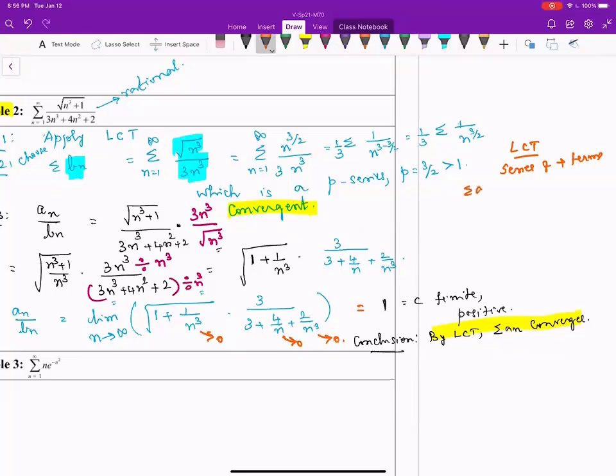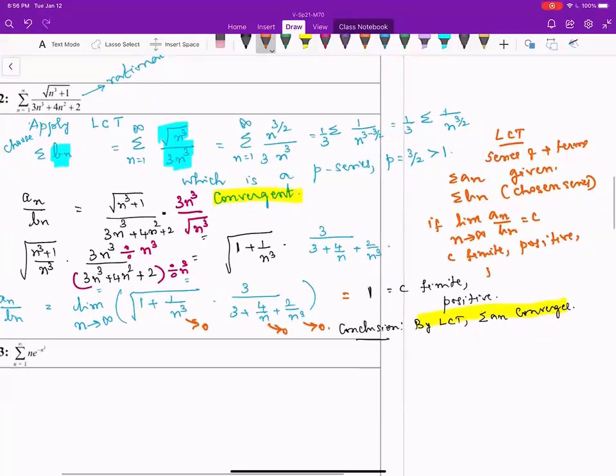If sigma an is the given series, and sigma bn is the chosen series for which you know the convergence or divergence, and if the limit as n approaches infinity of an over bn equals c, where c is finite and positive, then sigma an and sigma bn behave alike.